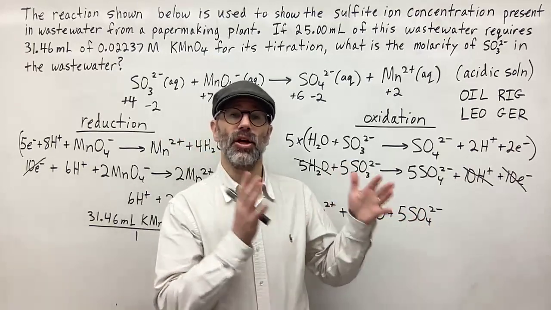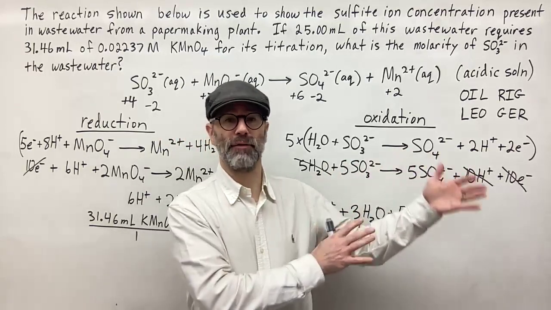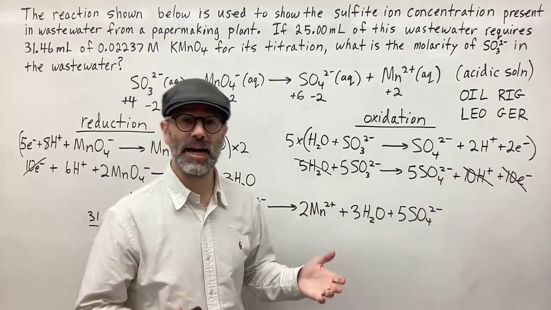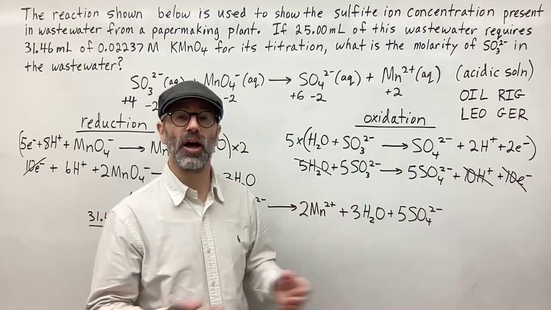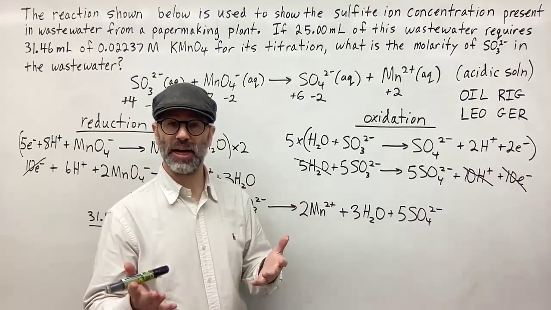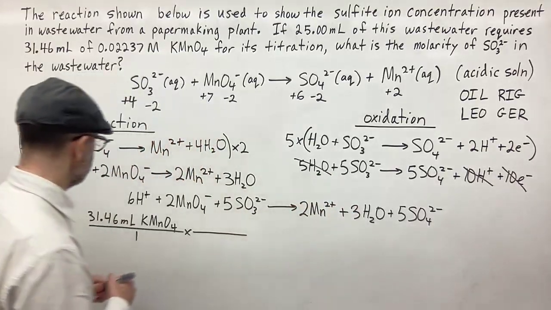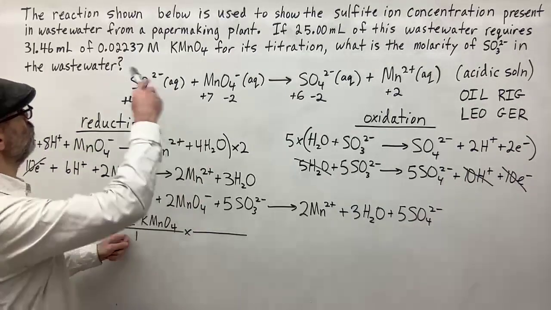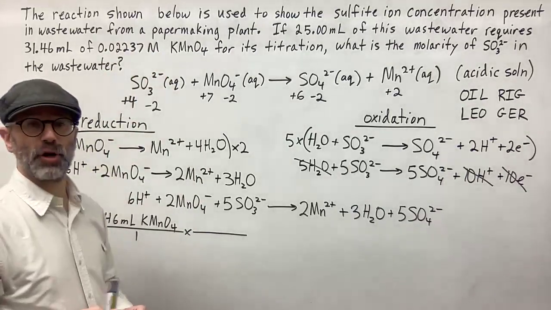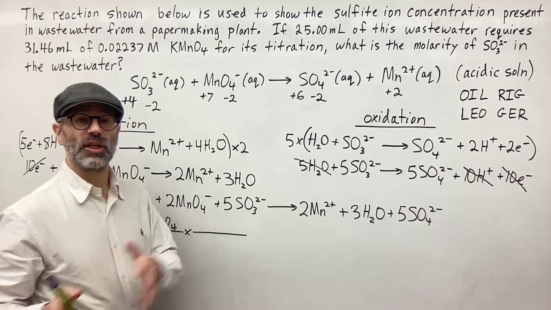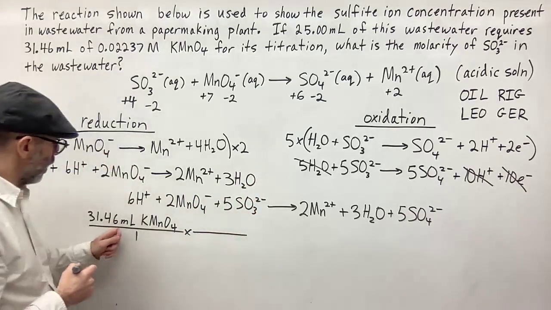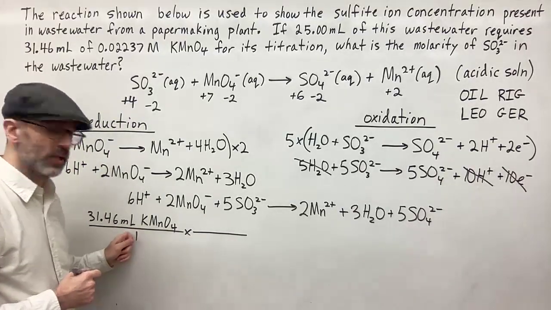And then convert those moles to whatever unit they're asking for. So in this case, we're just trying to find molarity, so we just need the moles of the sulfite ion in the wastewater. So we got to convert this to liters because we can use molarity to convert liters of solution to moles.